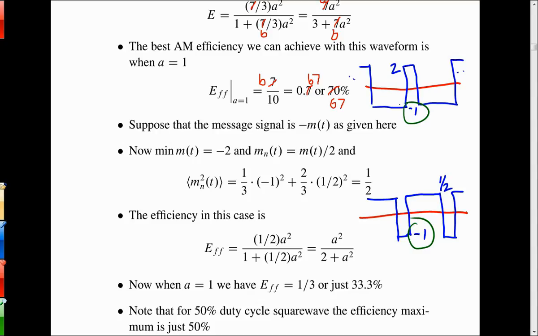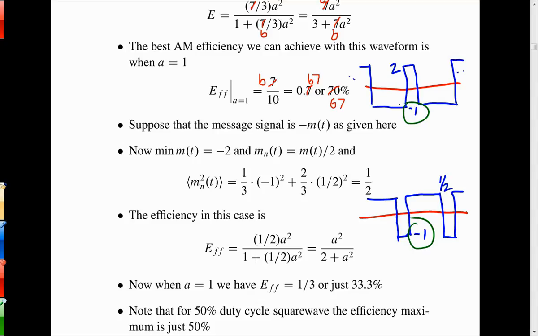I think I put the example in here because there's an example of this in the book, and it's kind of like a loophole is what it amounts to. A waveform can be designed in such a way that you can get a more extreme kind of efficiency calculation.